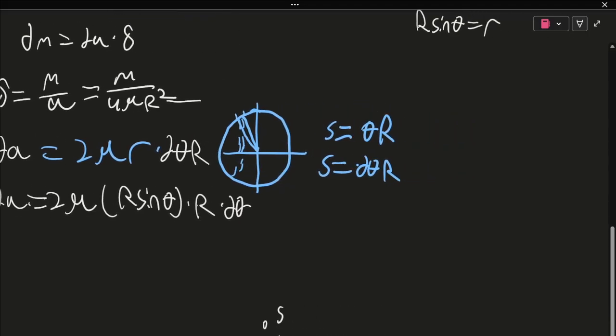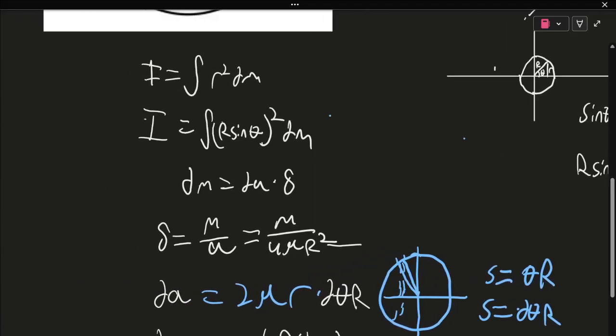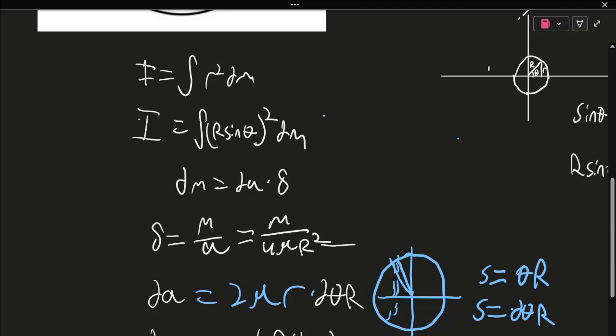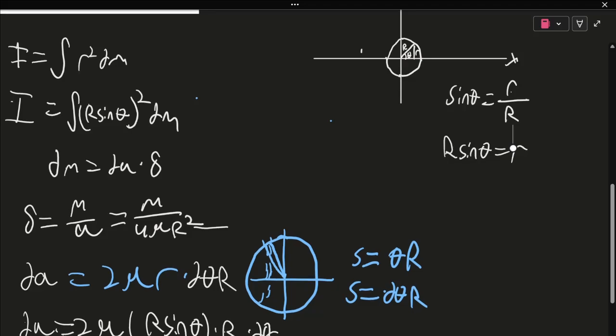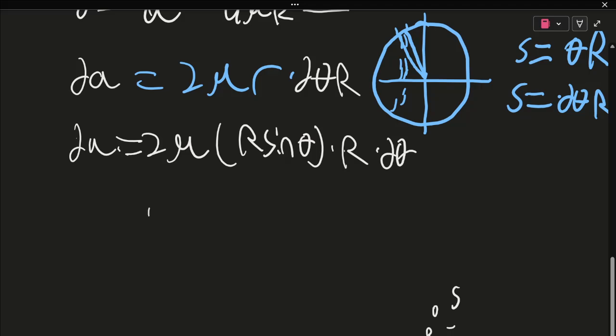Okay. Now that we have our dA, we can now solve for dm. So dm is equal to dA times density.